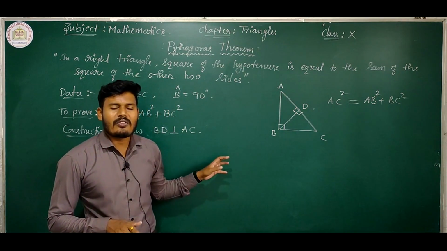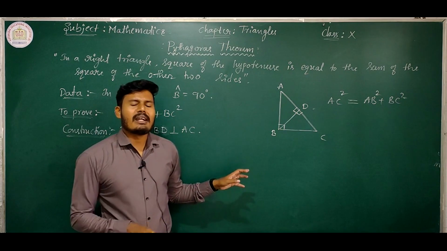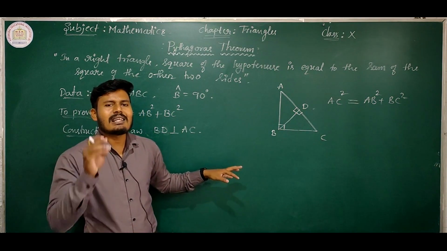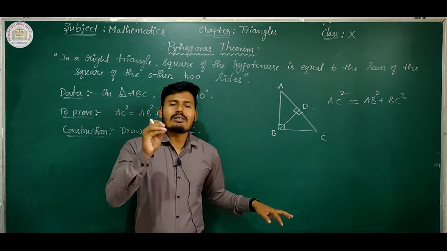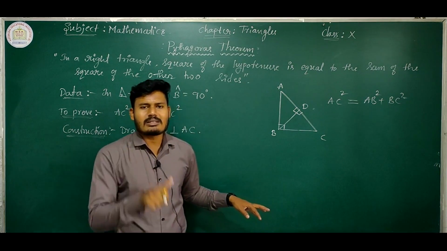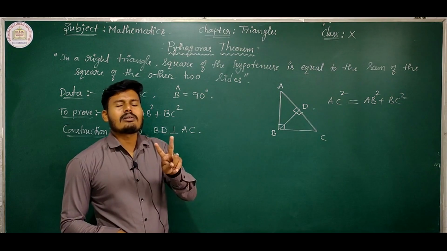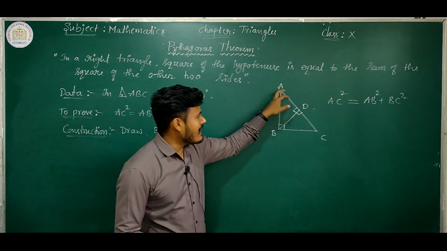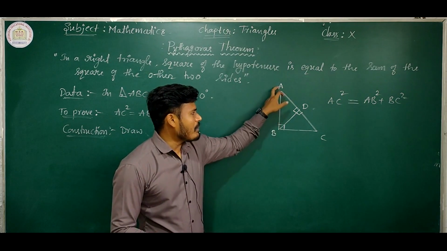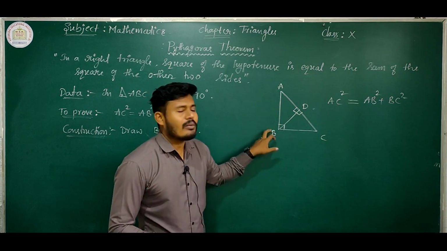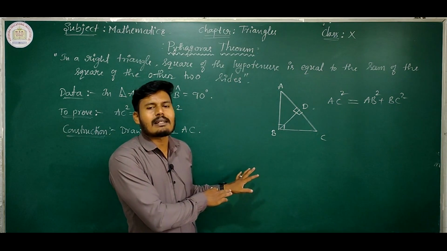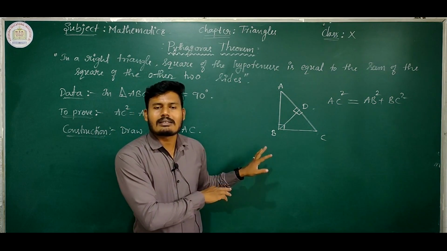Before going to the proof of this theorem, I would like to give you an idea about the proof. The idea is very simple: you just compare two triangles twice. What are those triangles? You compare two triangles one at a time. Those triangles are: one is ADB, you compare triangle ADB with the original triangle ABC, and in this particular step you get one condition.